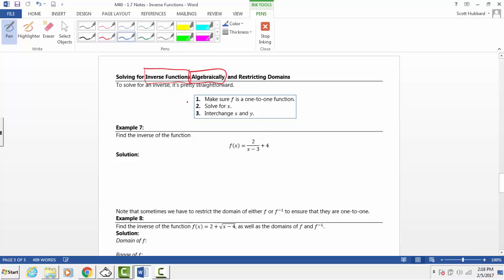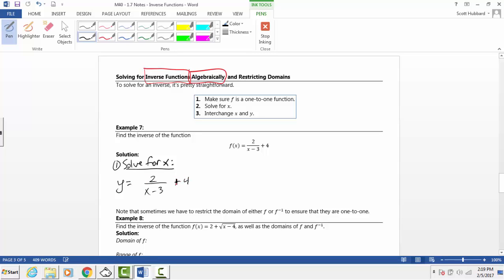So for this one, number 1, I'm going to solve for x. Right now I have y equals 2 over x minus 3, plus 4.